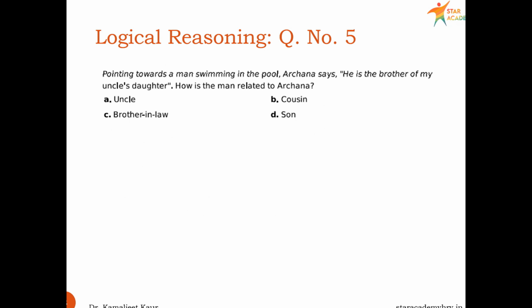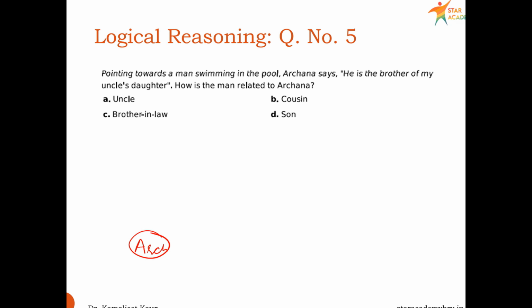Next: pointing towards a man swimming in the pool, Archana says, he is the brother of my uncle's daughter. How is the man related to Archana? Here we'll find which particular person has a direct relation to Archana. Say this is Archana. She has a direct relation with her uncle, who may be her maternal or paternal uncle.